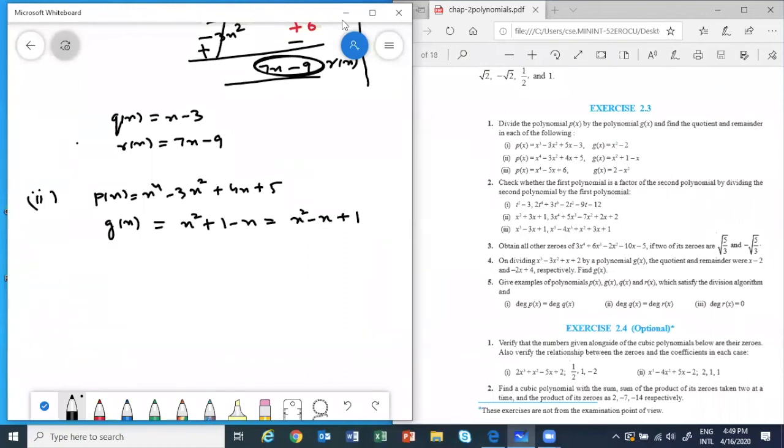Correct, Madhu, correct. Correct. Amritesh, Abhinav. Abhinav, what is the quotient? Okay, so all of you can do this question.